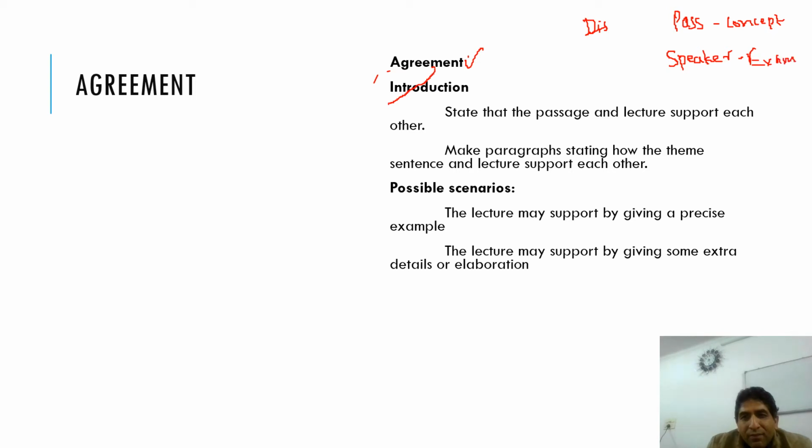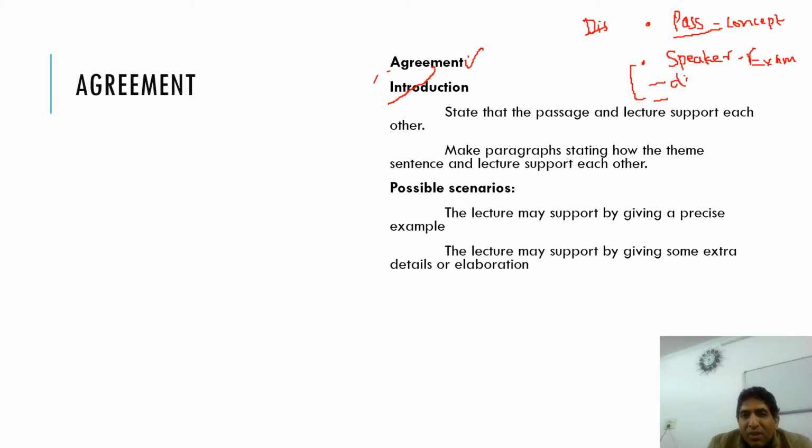Let us say the passage talks about pollution in general and that it causes lots of problems, and the speaker may talk about one or two specific problems, let's say related to diseases and something related to contamination of food. So here there is a general talk about pollution, and here this person has given examples of it.